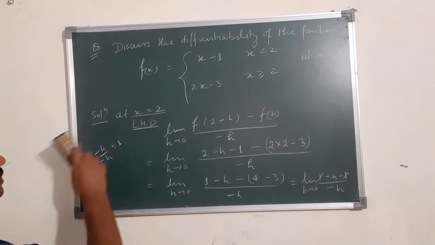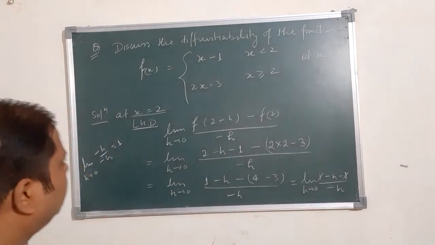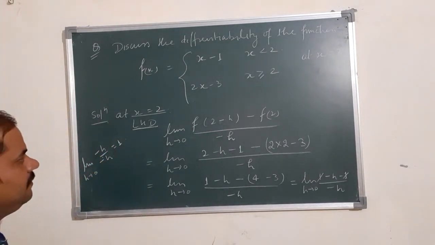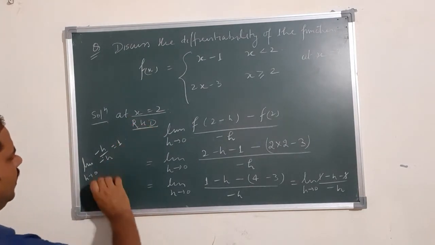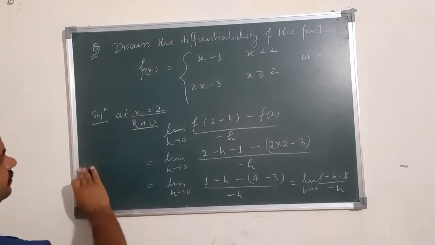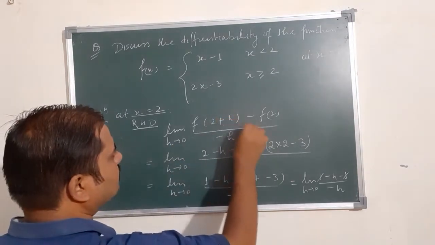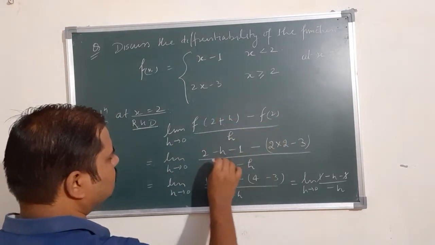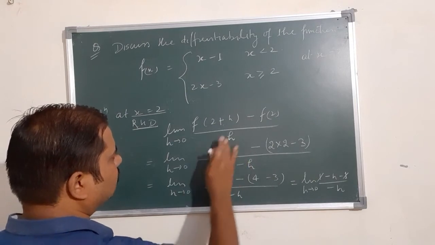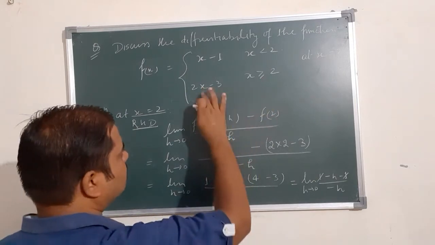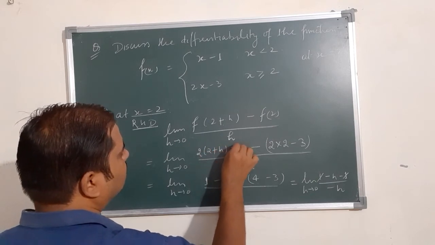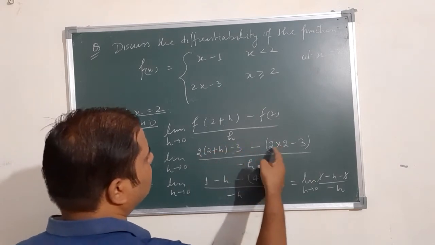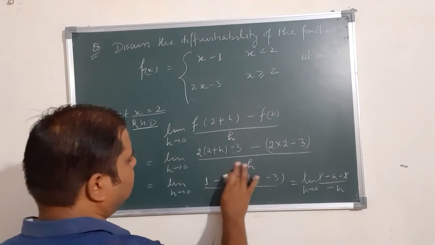RHD is nothing but f(2 plus h) minus f(2) upon h, and for 2 plus h, the quantity 2 plus h is greater than 2, so this is 2 into 2 plus h minus 3 minus the same f(2) upon h.